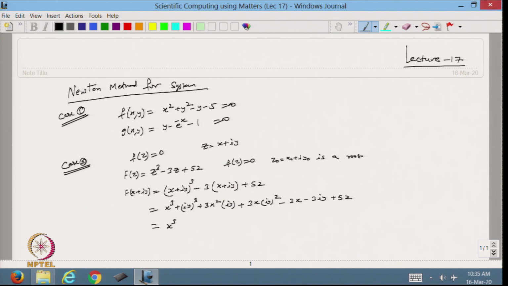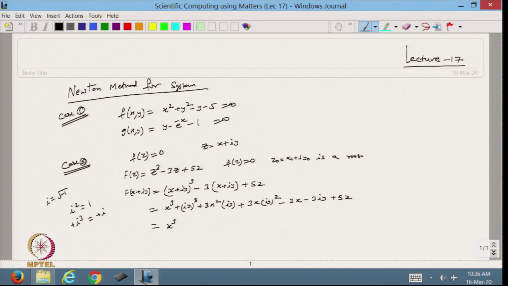This one I can expand. You know that i square is minus 1 and i cube is minus i, because i is the square root of minus 1. So that we already know.